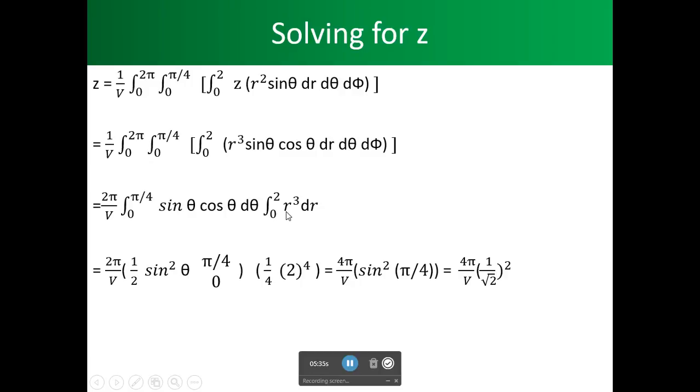And the integral of r cubed dr is 1/4 times r raised to the 4th power, and the limit at 0 goes out, and we have it to the 2nd power. So 2 to the 4th power is equal to 16.